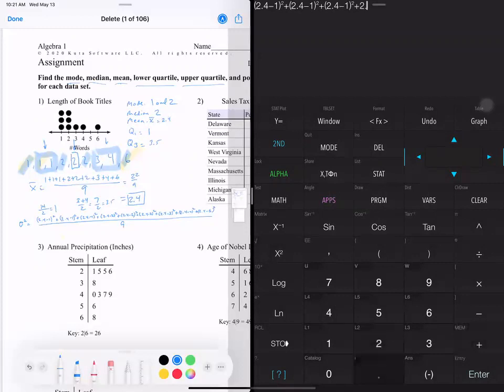Seems kind of dull, but parentheses: 2.4 minus 2 squared, plus 2.4 minus 2 squared, plus 2.4 minus 2 squared.